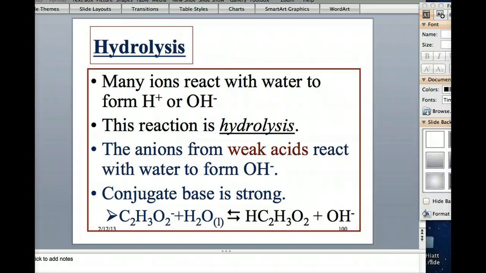Our anions, in this case like our acetate ion, which is a base, are going to react with water to make OH. We've seen many times now the NH3 reaction, reacting with water to make NH4 and OH. Those are hydrolysis reactions. Not so bad.